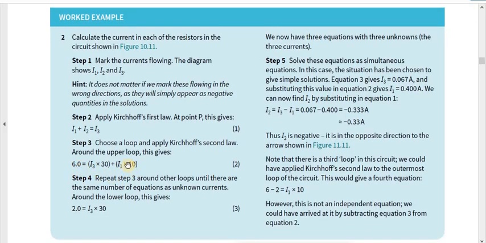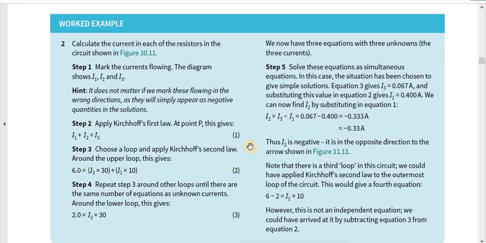Okay, so that is equal to 6. So this is the sum of the potential differences. This is the sum of the EMFs, and only one battery is there, so the EMF will be 6.0 volts. Okay, now we can repeat the same thing for another loop, and over here repeat step 3 around other loops until there are the same number of equations as unknown currents.